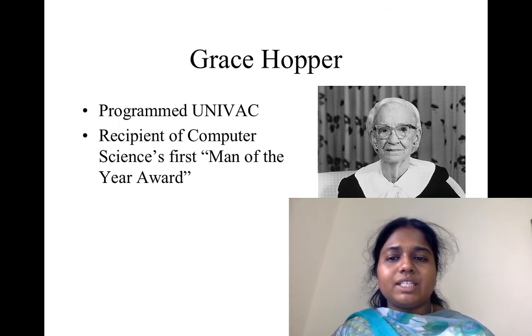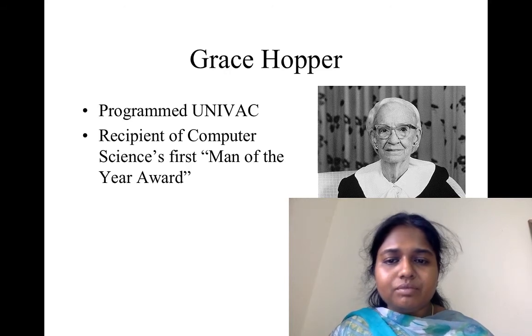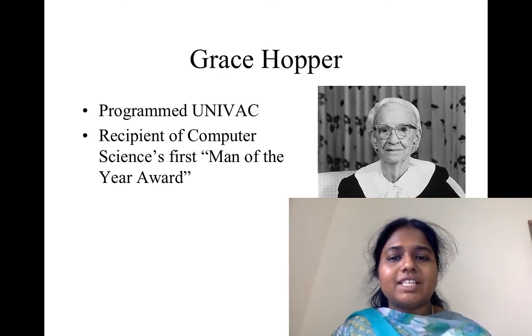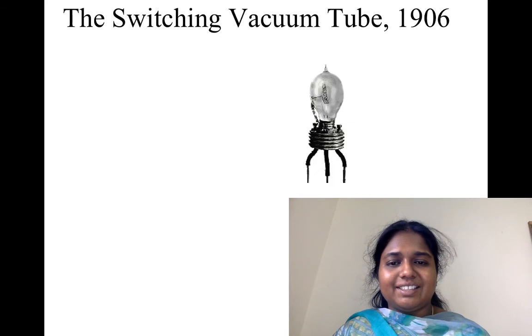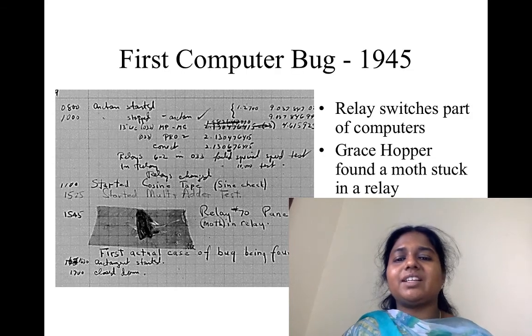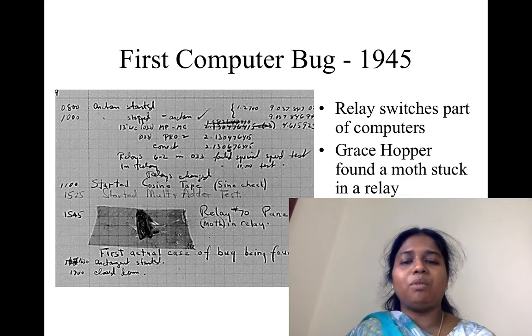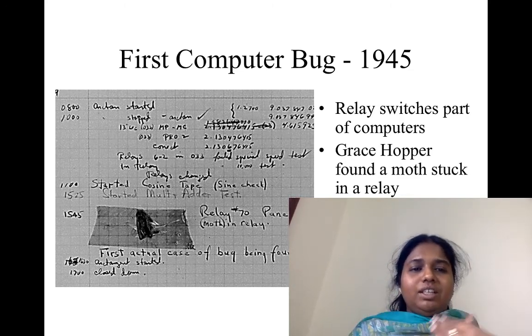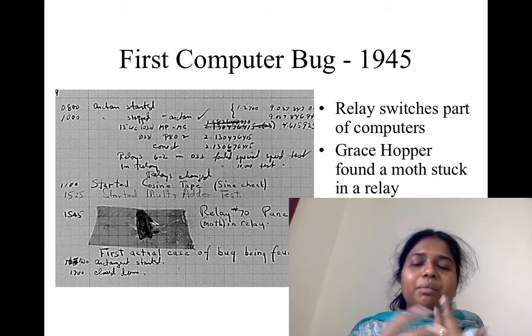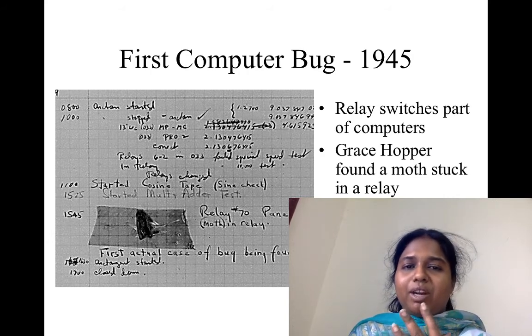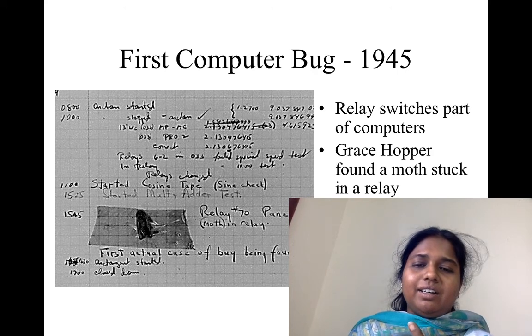Grace Hopper. This lady received the Man of the Year award. And when she started writing a program, a moth actually stuck to the switch, and she was not able to find out why the program was not working correctly.